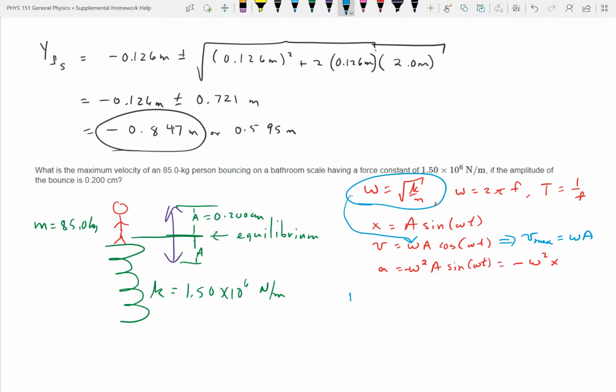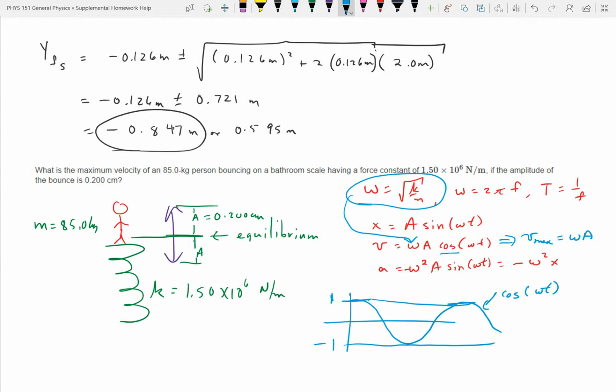If I draw a cosine curve, cosine goes like this, where this is 1, and this is minus 1. Cosine goes between 1 and minus 1. So since cosine goes between 1 and minus 1, that cosine in the box can only get as high as 1 and as low as minus 1.